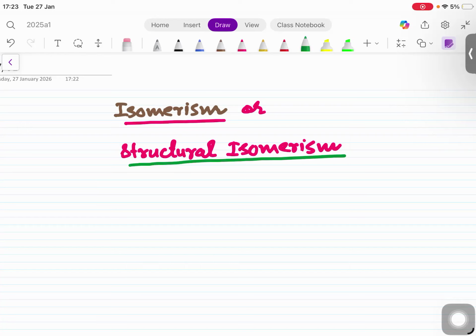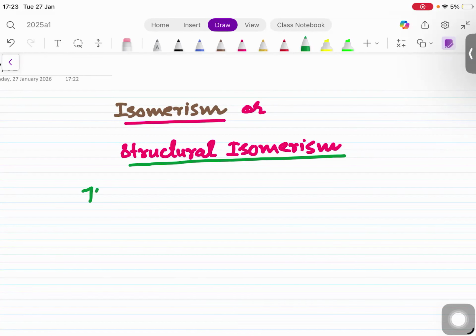This is a unique phenomenon of structural isomerism in the organic compounds. So in this type, please pay attention. What the organic compounds have. First you write the definition and I'll explain.